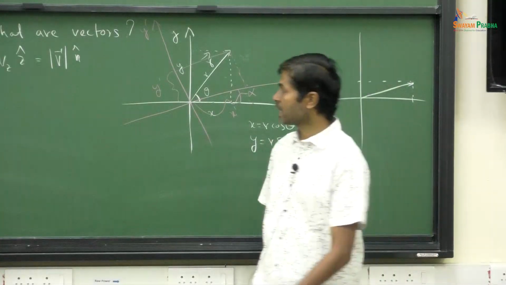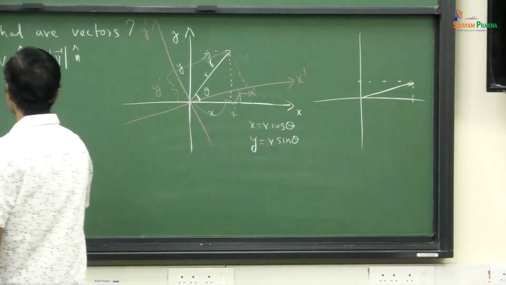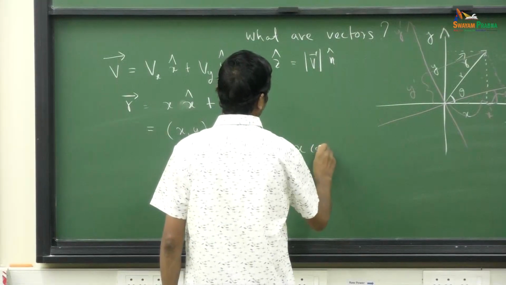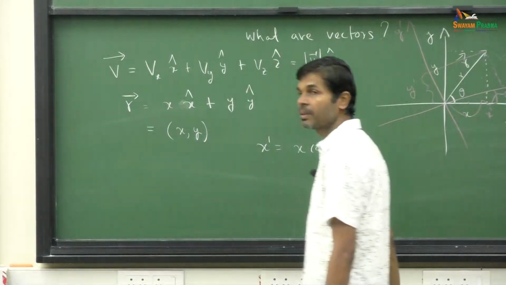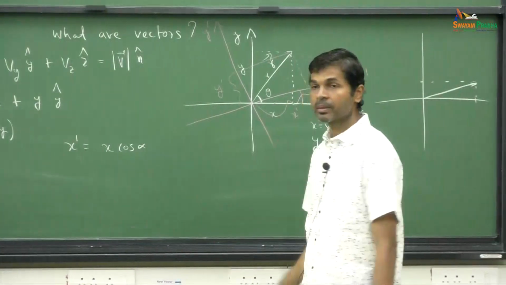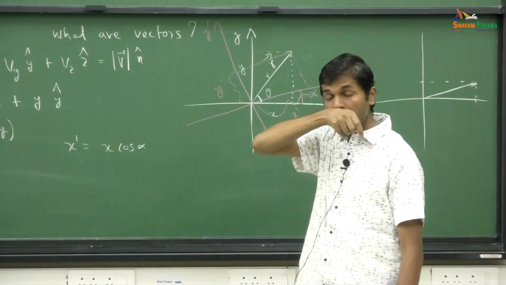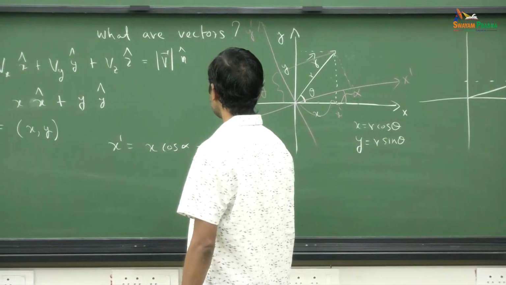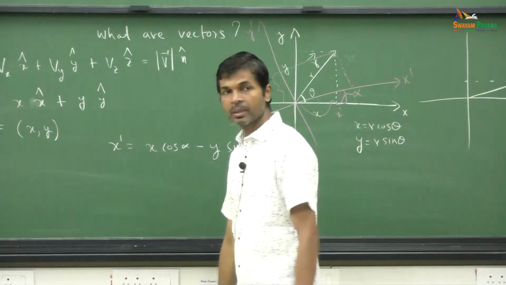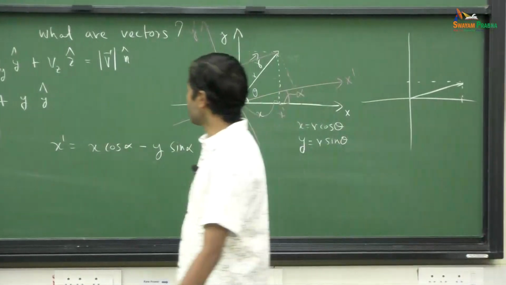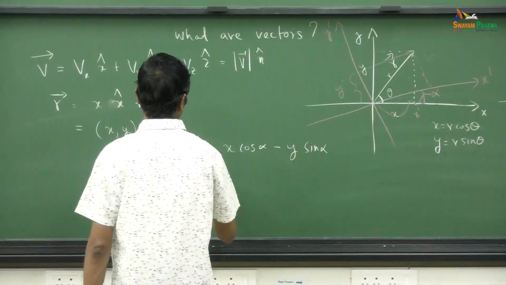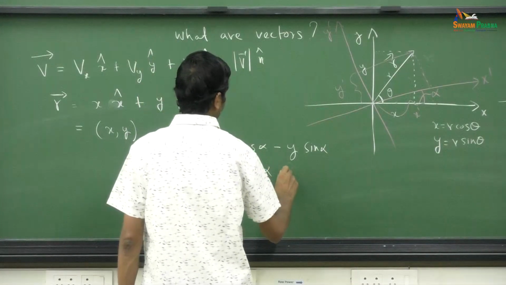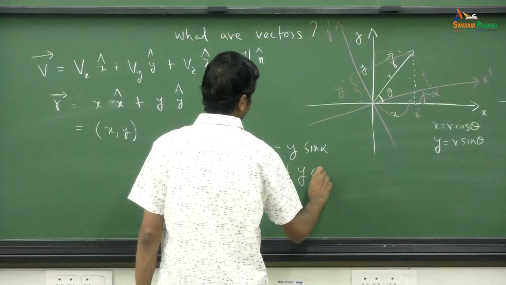How are they related? x prime is x cos alpha minus y sin alpha, and y prime is equal to x sin alpha plus y cos alpha.